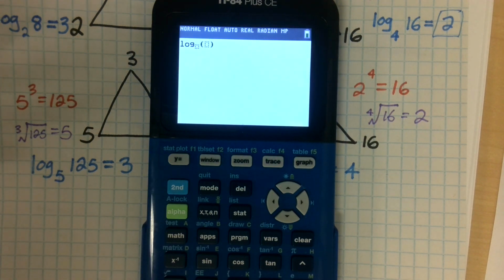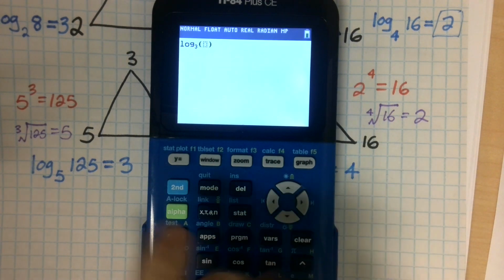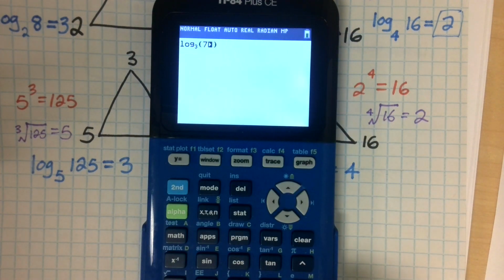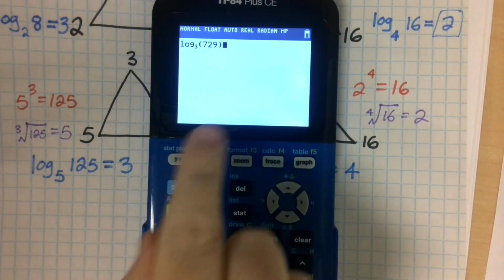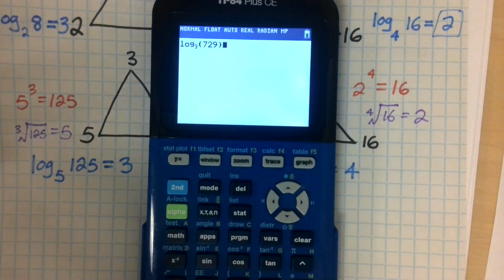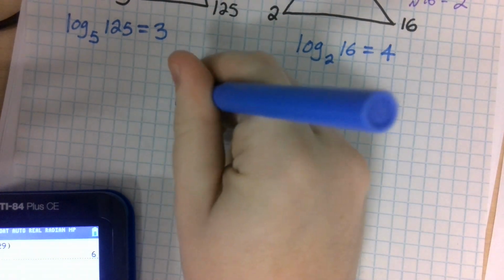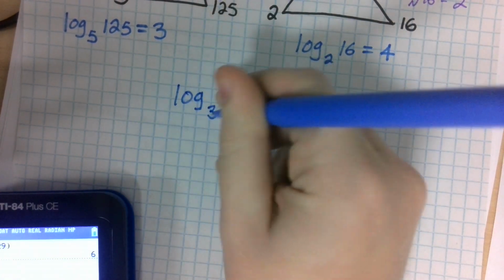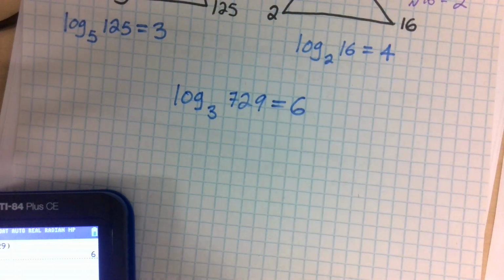Let's try one out. I want to know what exponent 3 can be taken to get to 729. So in other words, 3 to the something power equals 729. I want to figure out what that is. It's 6. So in other words, if we wanted to write this out as a logarithm, log base 3 of 729 equals 6.